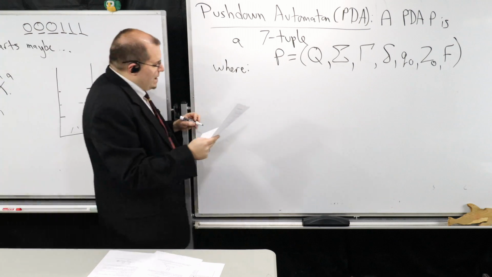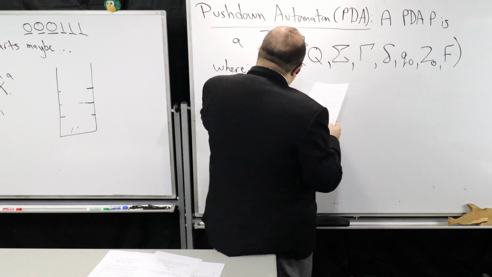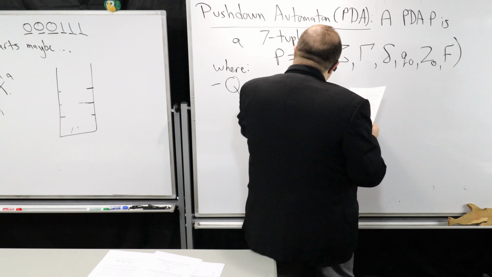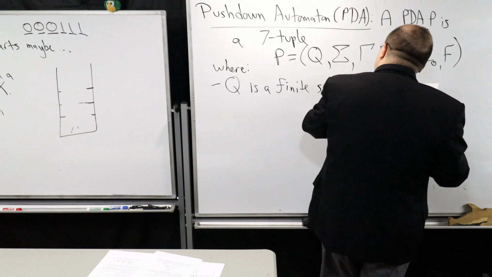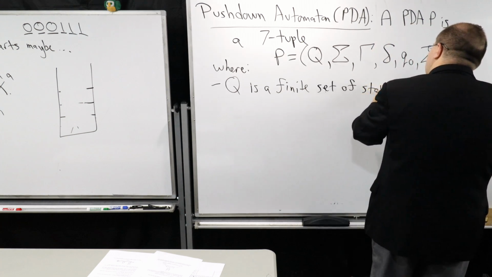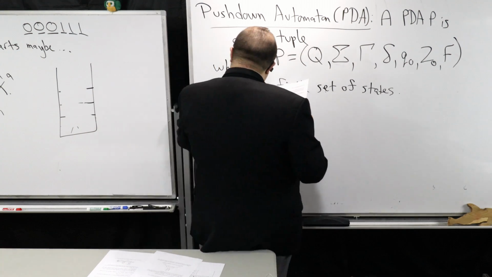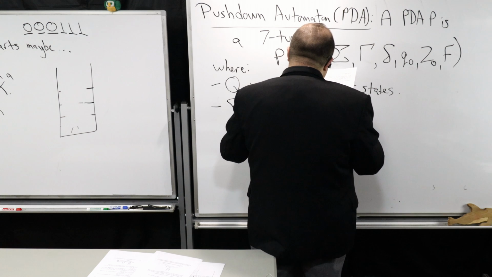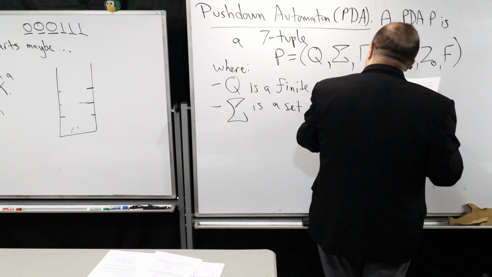Where you might naturally think that Q is a finite set of states, that's exactly right. It's a finite set of states, no different than we had before. Sigma is a set of input symbols, not any different yet.